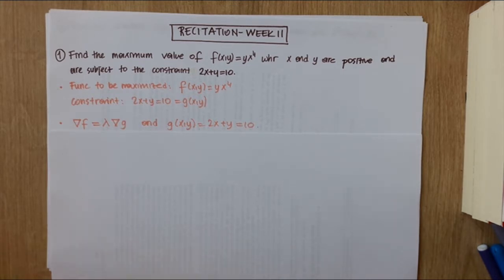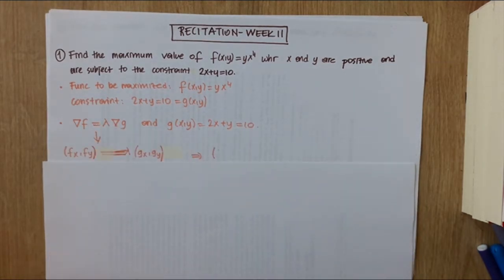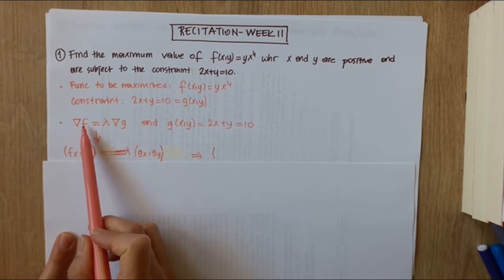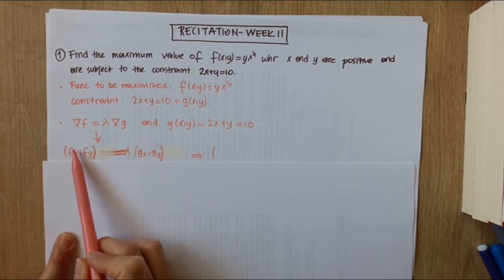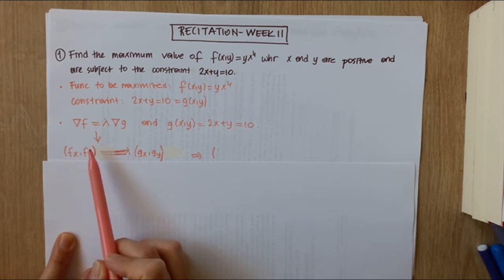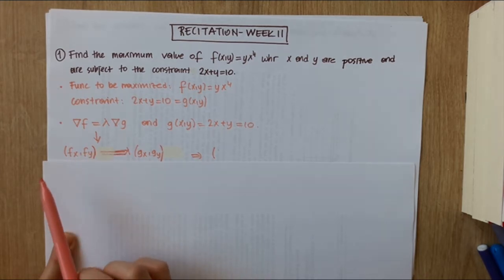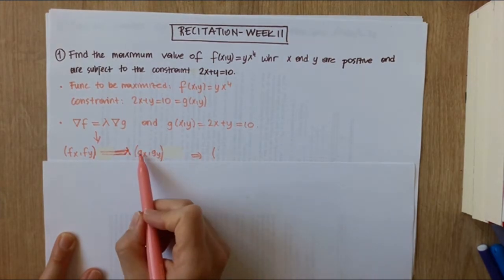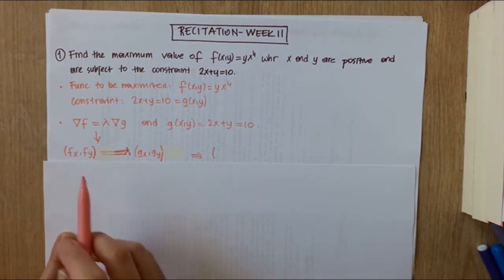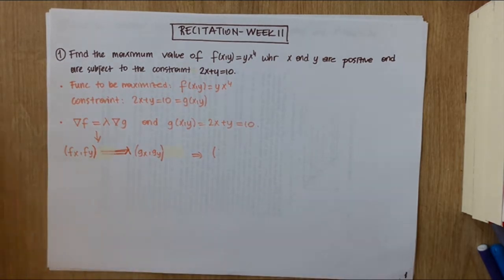Let's look at the first equation. The gradient of f is f sub x comma f sub y, which means the first partial derivative of f with respect to x and the first partial derivative of f with respect to y, equals lambda times g sub x and g sub y. Let's continue from here.